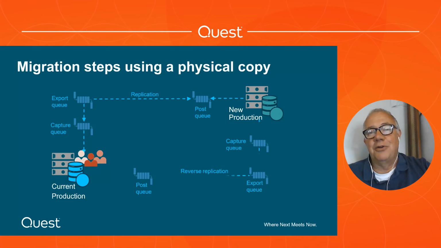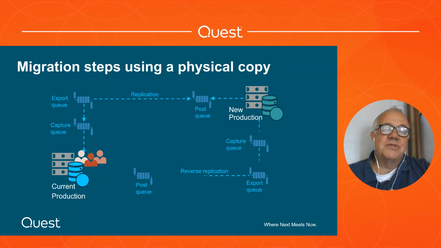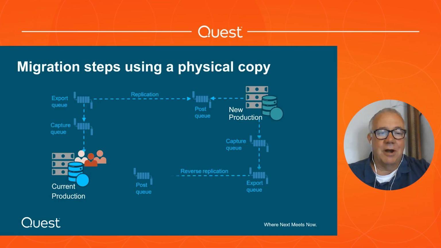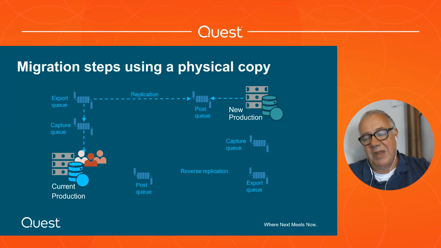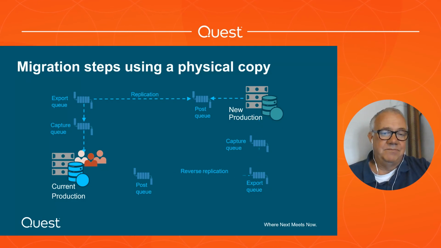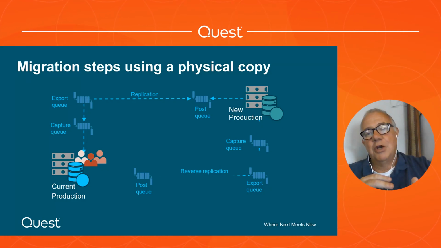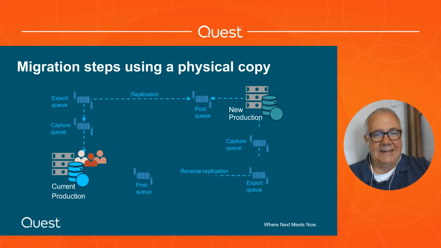In the event that the new production environment doesn't perform as expected, users can fail back, and all the data that was entered in the new production environment will be in the previous or current production environment. So a lot of benefits: reduction in downtime, elimination of risk, and reduction of effort. And that will occur regardless of what your planned activity is.